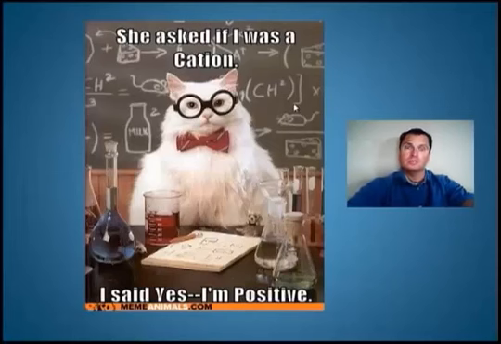If the number of neutrons is different between atoms of the same element, we call them isotopes. Like the neutrons, electrons can change. They can be added or taken away. In that case, we get an ion. If we add electrons, we become negatively charged, which is called an anion. If we take them away, we become positively charged, and we call it a cation, as in our little cat here.